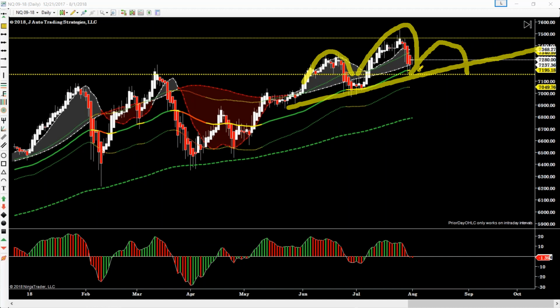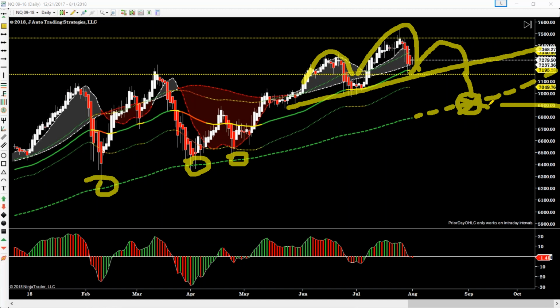So when it goes through first, it could hit the bottom here, but it's probably going to crash through it. And then come up to the rising trend filter, and that would be your buy-sell decision. And that is looking like 6,900.